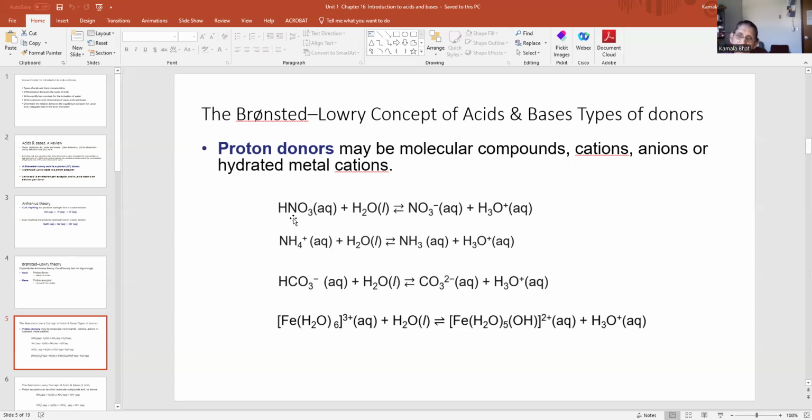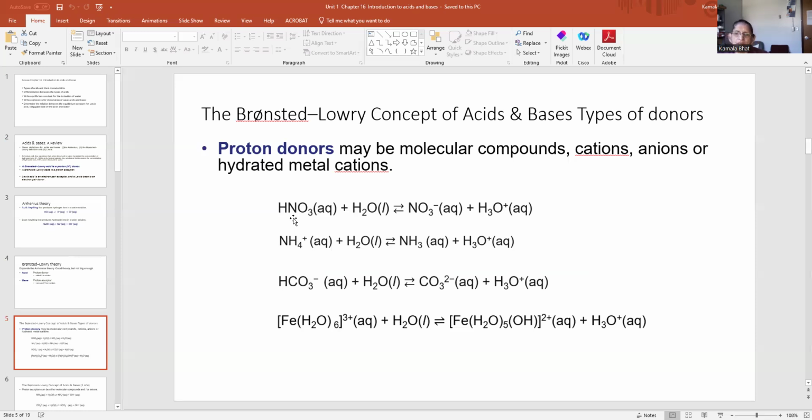And then look at the hydrated metal cation, Fe(H2O)6 3+, iron hexahydrate, with six water molecules. If it is dissolved in water, you get Fe(H2O)5OH 2+, the iron pentaaqua hydroxo 2+ ion.